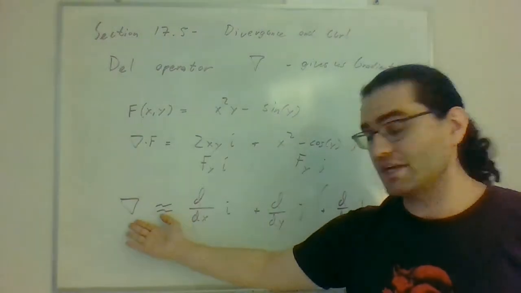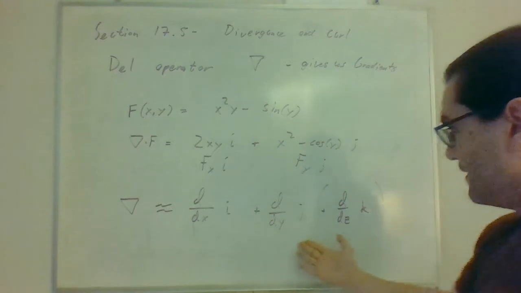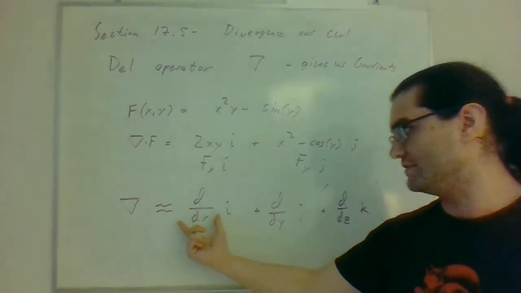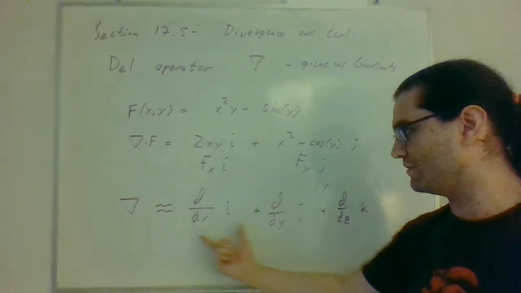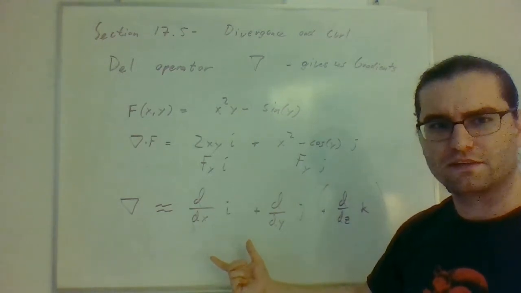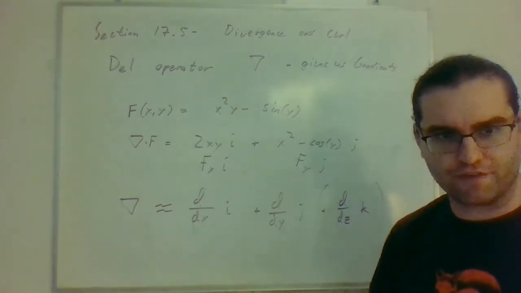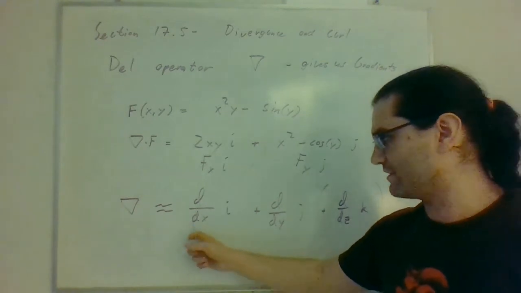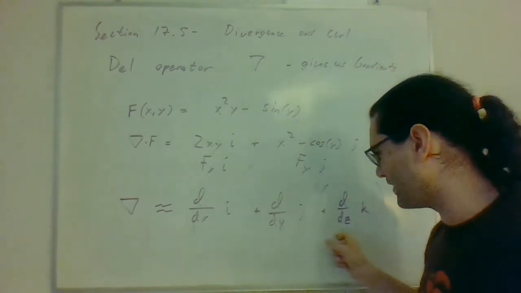So this is what the del operator means. It is a vector that's made out of partial derivatives, and that's why it's not itself an actual vector with a magnitude. It's a vector that's made out of operators.